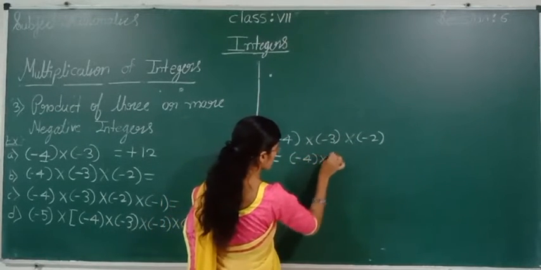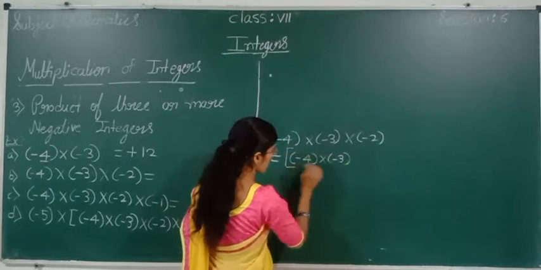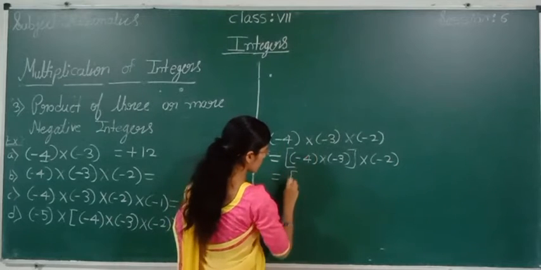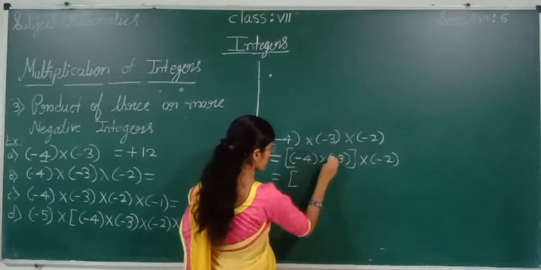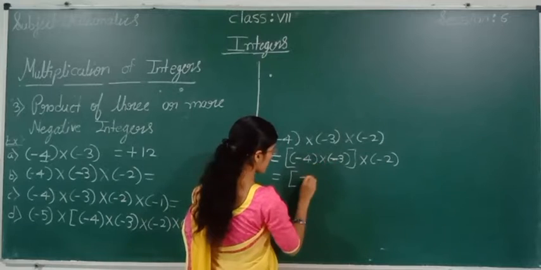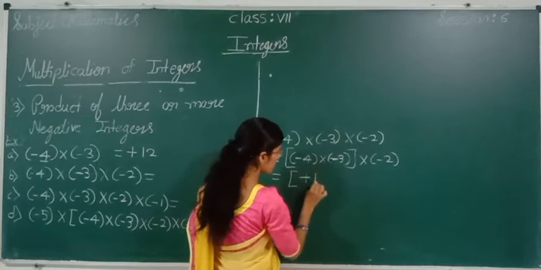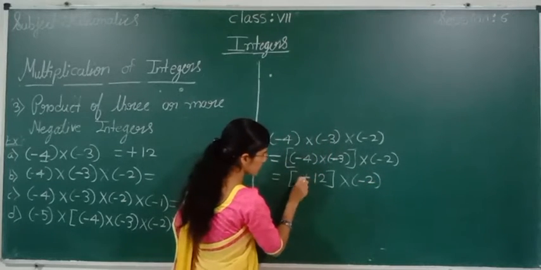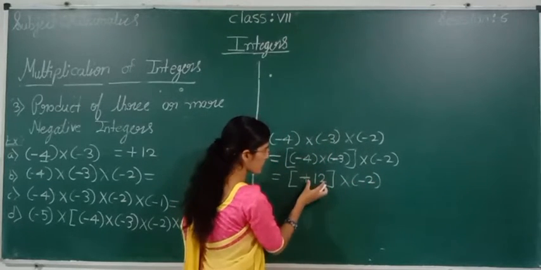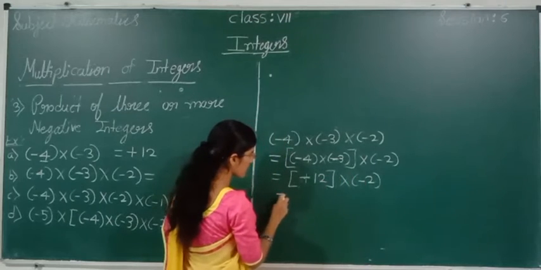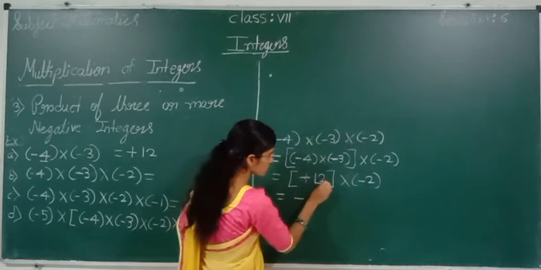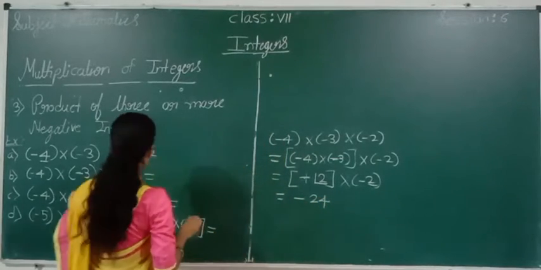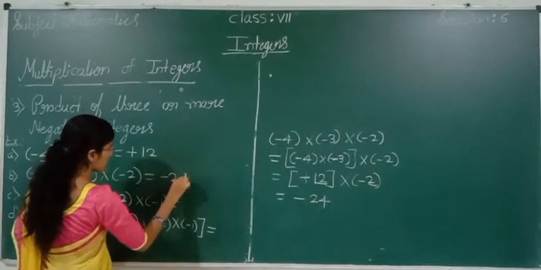We know that when two negative integers are multiplied, we get a positive integer. 4 3s are 12, into minus 2. Positive integer and negative integer. If you multiply a positive integer and a negative integer, we will get a negative integer. 12 2s are 24. We got the answer here, minus 24.